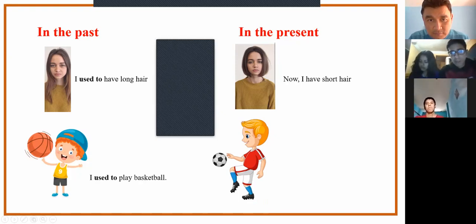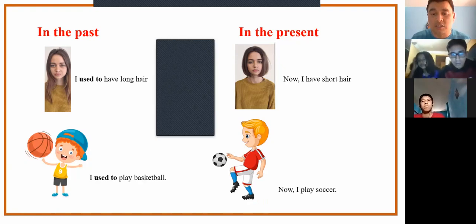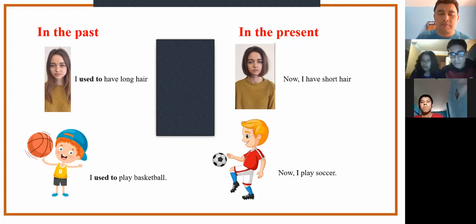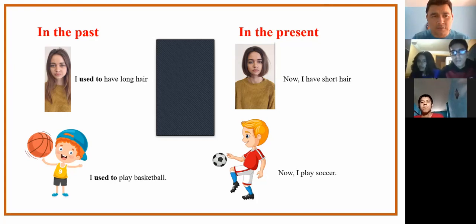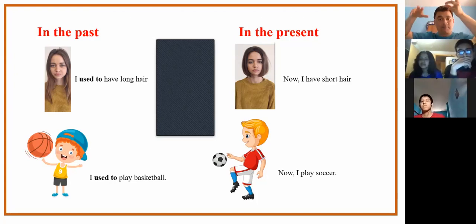No, I play soccer. Good, correct. Very good. Now I play soccer because he changed basketball. No more basketball. Now I play soccer. Marcelo, you play soccer? I play soccer. You play soccer. Good. Maylin, do you play basketball? Yes. Good. Very good. Correct. So I used to play basketball in the past, but in the present, now I play soccer.